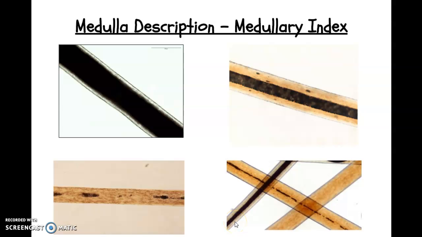And then here we have several different ones. So in this one here, the medulla is not present at all. And this one, I would say your medulla is about 0.25, or 1/4 your hair. And then here, I would say it's about 1/4, or somewhere between 1/4 and 1/2.